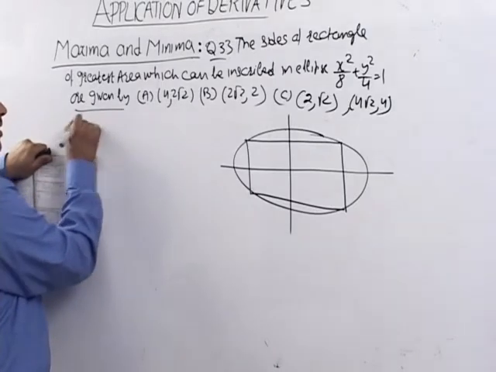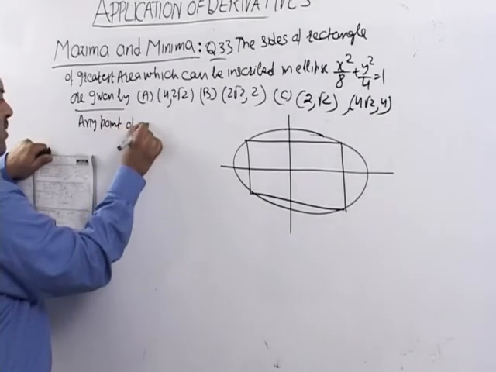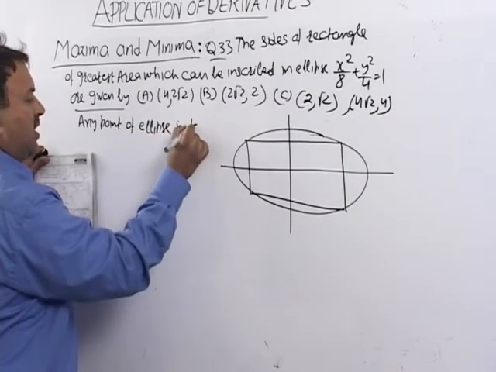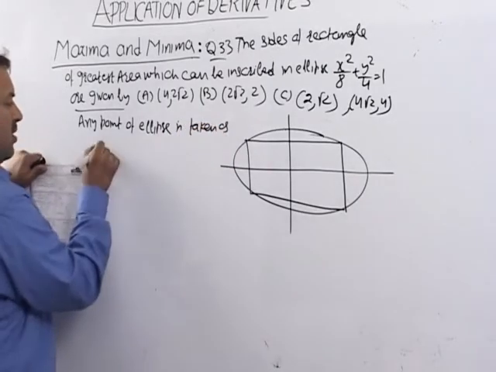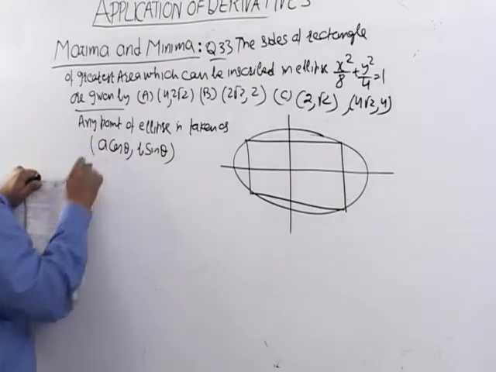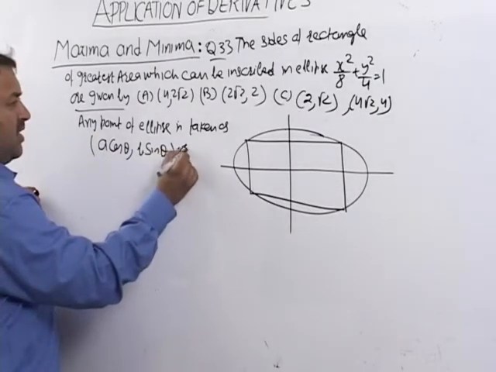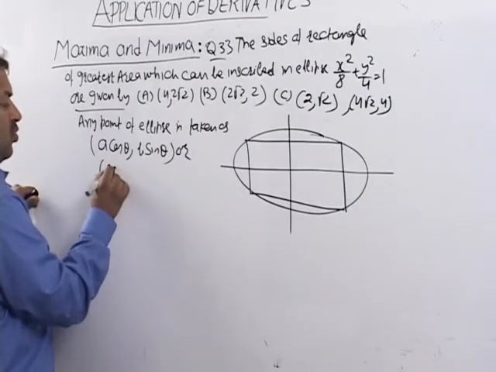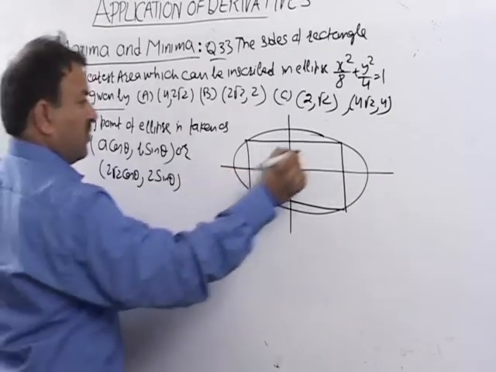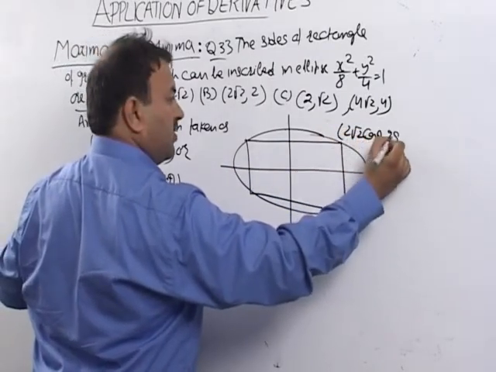Any point on the ellipse is taken as a cos theta and b sin theta, or I can say it is 2 root 2 cos theta and 2 sin theta.